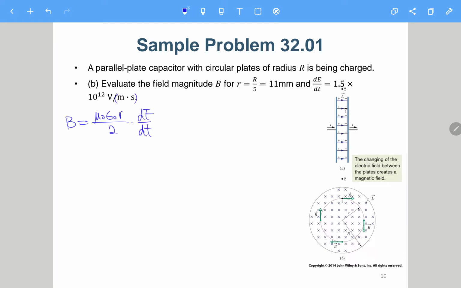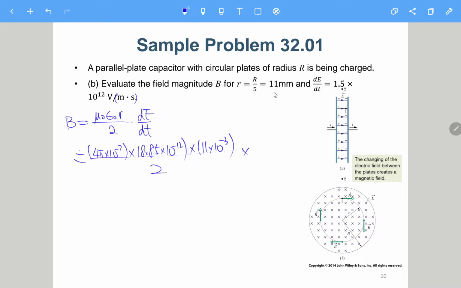B equals mu naught epsilon naught r over 2 times dE/dt. Okay, then we can just plug in the numbers. Mu naught is 4 pi times 10 to the minus 7, and epsilon naught is 8.85 times 10 to the minus 12, and r is 11 millimeter, 11 times 10 to the minus 3, all over 2.